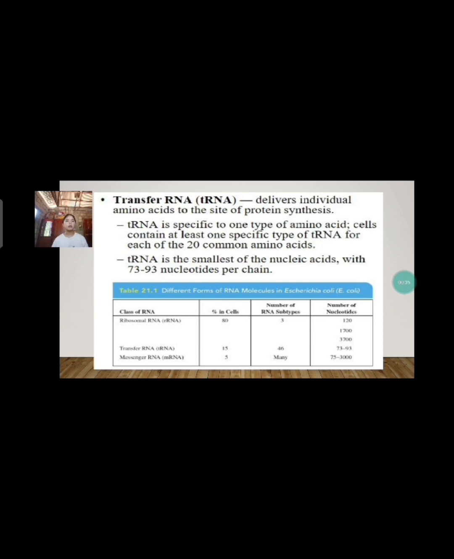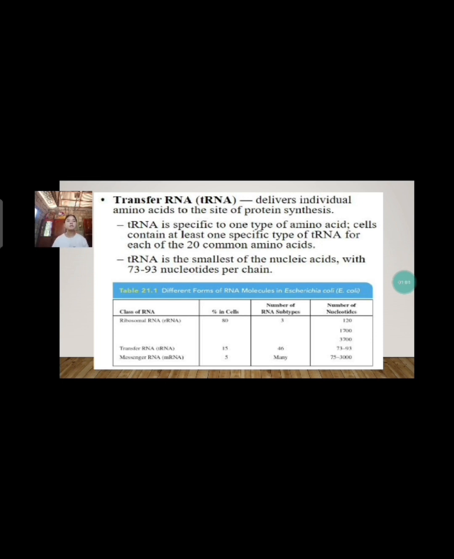So this is the table of different forms of RNA molecules in Escherichia coli, or E. coli. We have the class of RNA present in cells, the number of RNA subtypes, and the number of nucleotides. For the class of RNA, we have the ribosomal RNA or rRNA, transfer RNA or tRNA, and messenger RNA or mRNA.